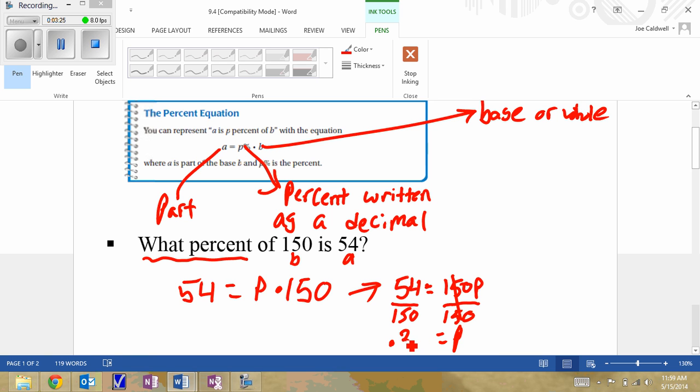You're going to get 0.36, okay, which actually equals 36%. Because again, this value has to be written and solved as a decimal, but then it actually equals 36% if you remember our notes from yesterday.